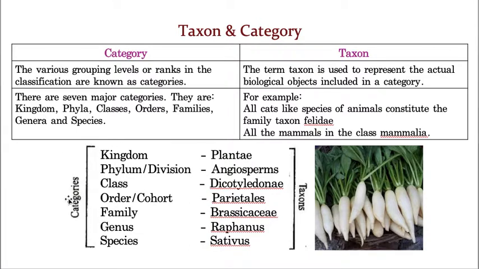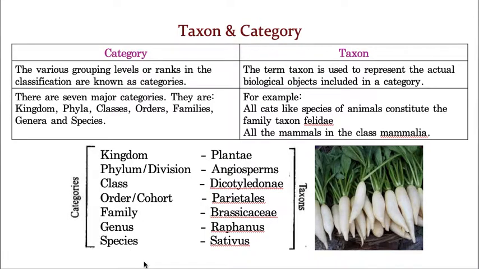Hope you understand. The rank is called a category, whereas the living organisms included in that category are called taxons. For example, let us take phylum. Phylum includes angiosperms, and however many angiosperms there are, these are all living organisms, and these living organisms are called taxons, whereas the rank of these living organisms, phylum, is nothing but a category.